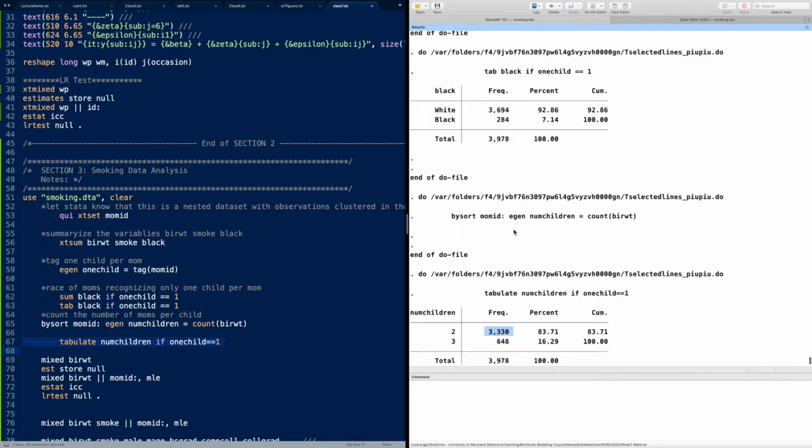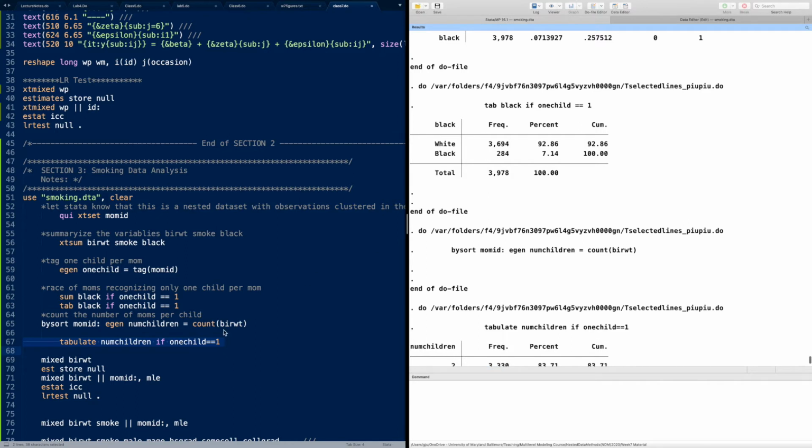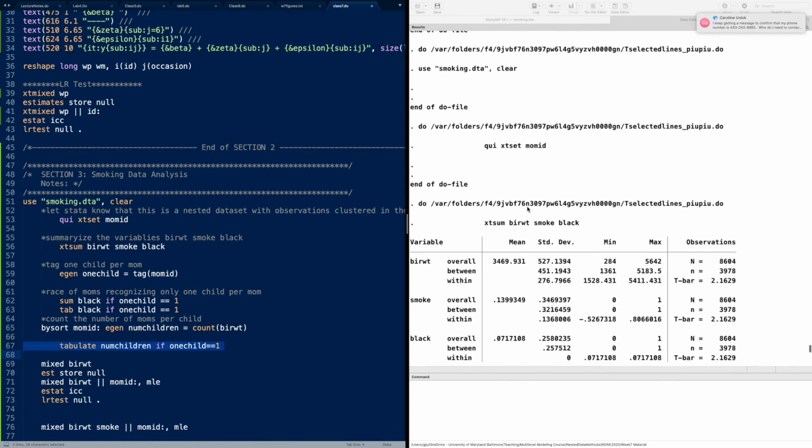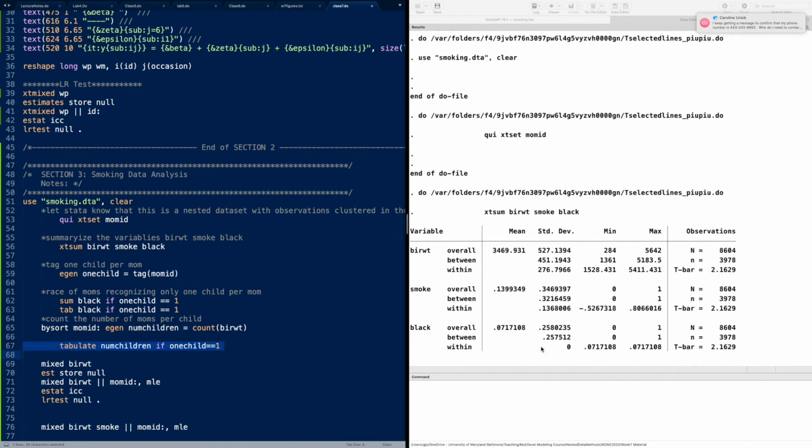I can know things about my individuals, but I have to pay attention to that now because I have nested data, and I want you to think through that as you think through your variables. If the variable doesn't change within mothers, such as black, then we need to select one example of that because there's no variability within.